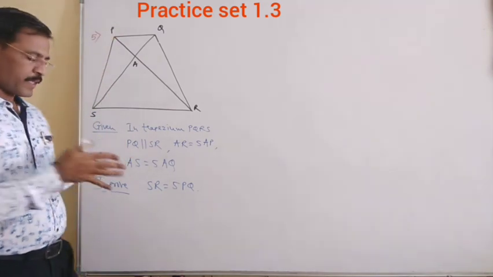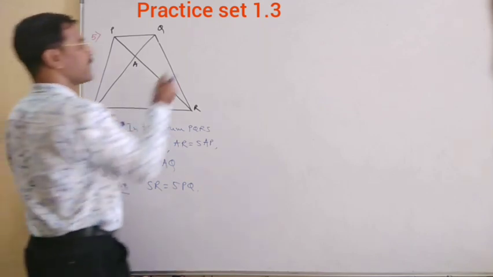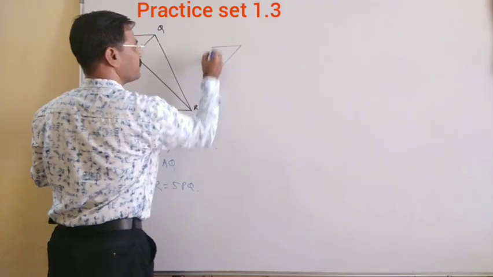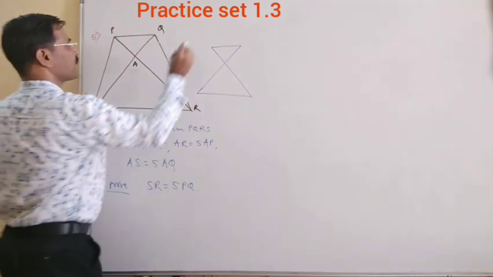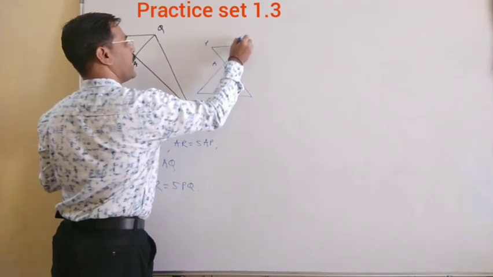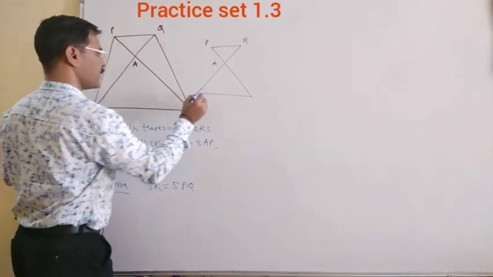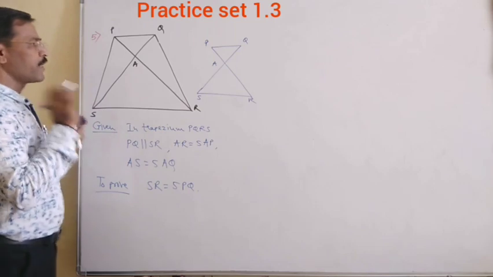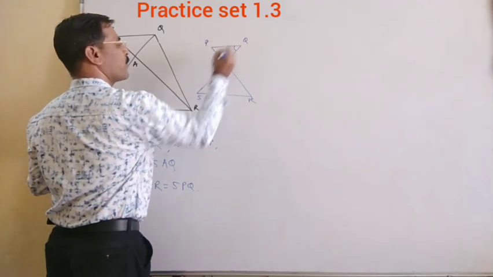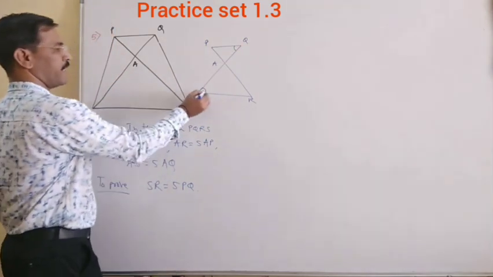Like this. See, first I am going to draw the figure here. Which are the names here? P, A, Q. Now here S, R and the middle one is A. Look here. First of all, this angle you can take as a congruent angle. Why?